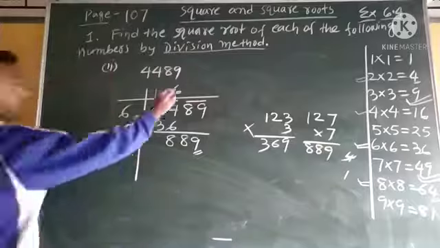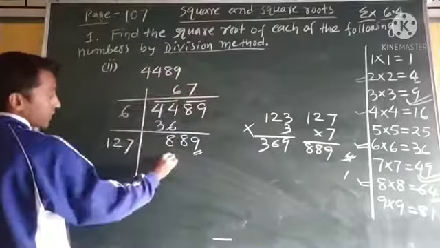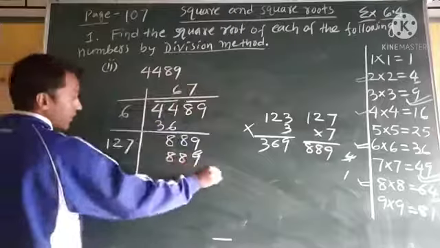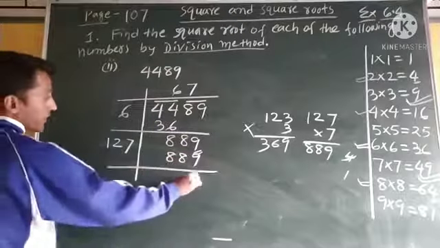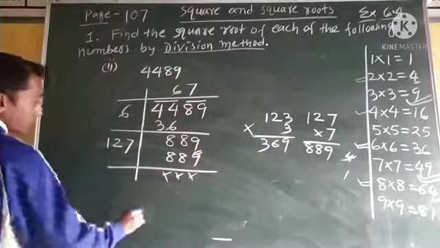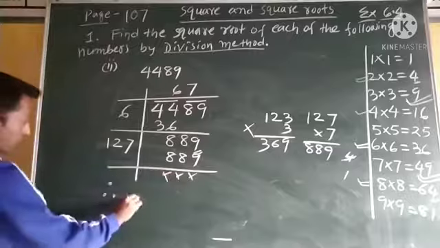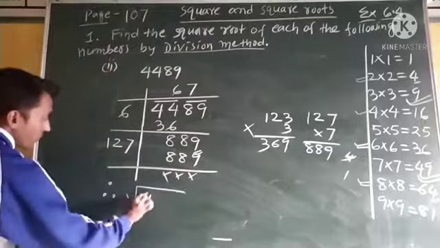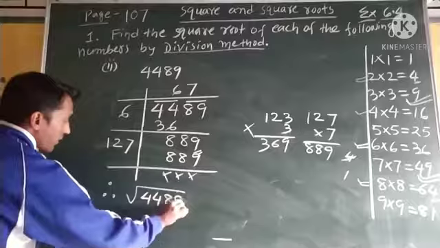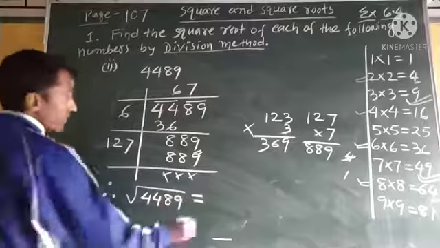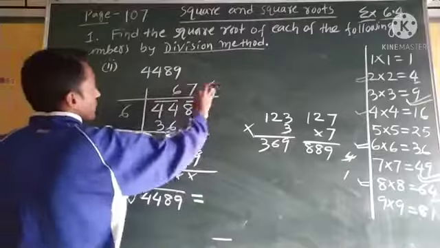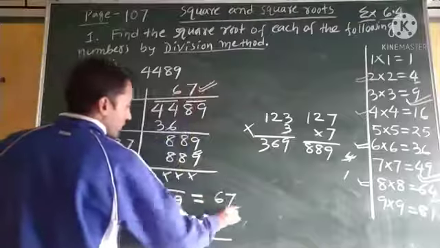So we get 889. If you subtract, you get 0. Therefore, the square root of 4489 is 67.